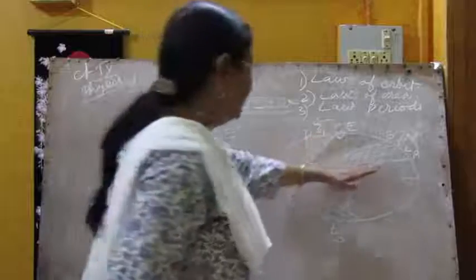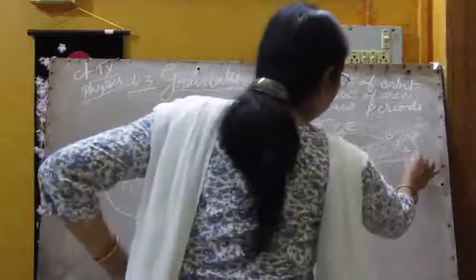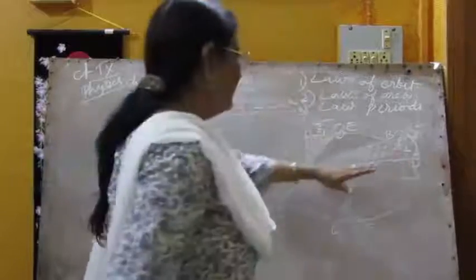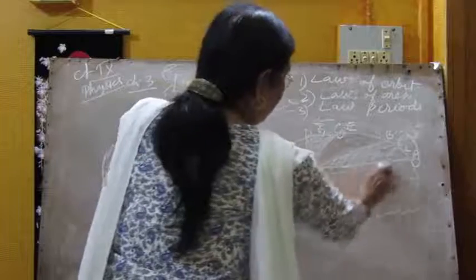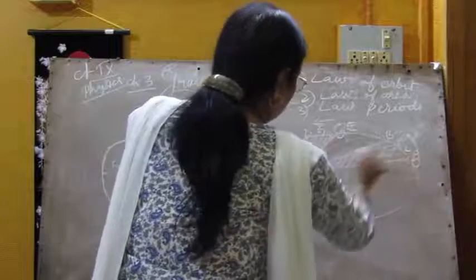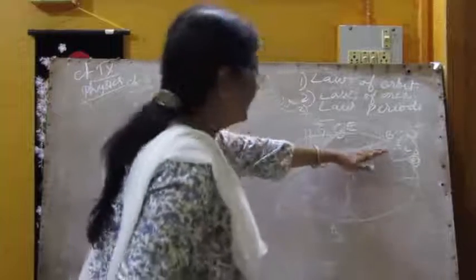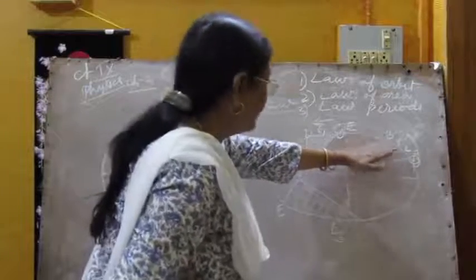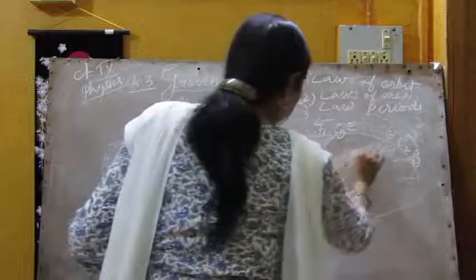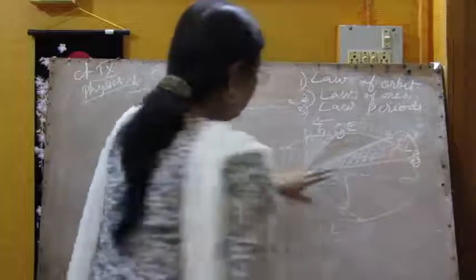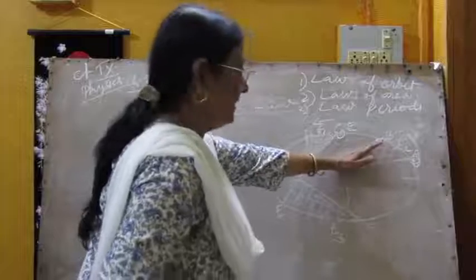Clear? Here, suppose the position of the planet is here. Now, this is the line joining the center of the planet and the sun. This line in the time t2 sweeps this area, from here to there.